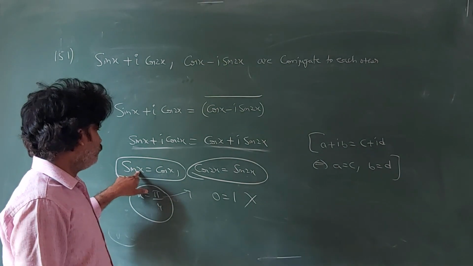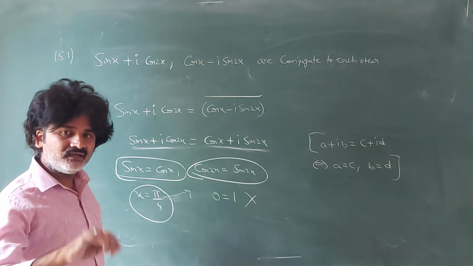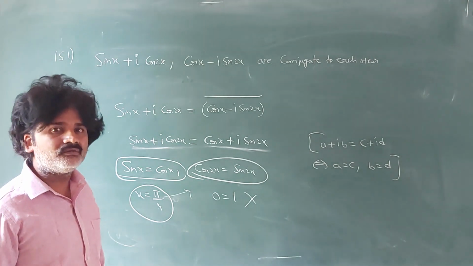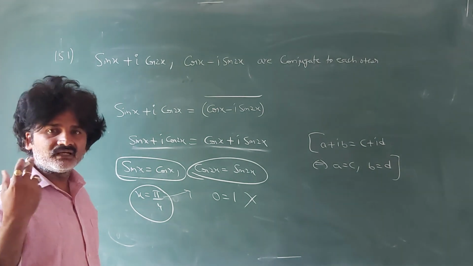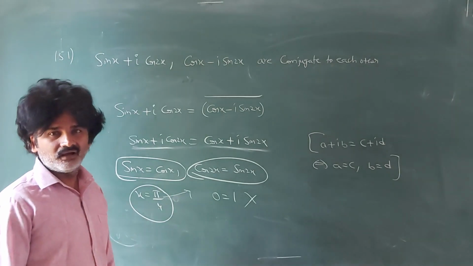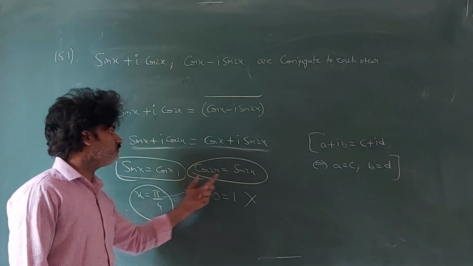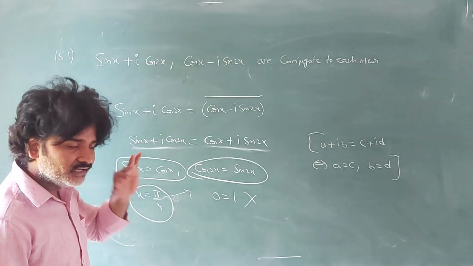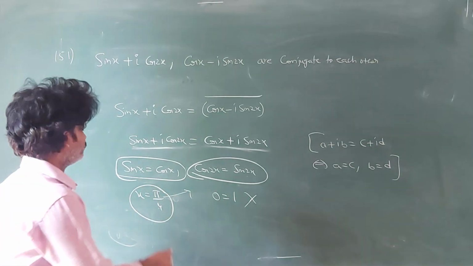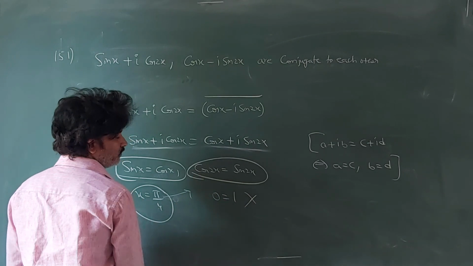So if I substitute x equal to pi by 4 here, I am getting 0 equal to 1. Is it possible? No. Or find the x value from this and substitute here, it will not satisfy. Both sin theta and cos theta must be the same, and sin 2 theta and cos 2 theta must also be the same, which means we cannot get a value of theta satisfying both. I need both this one and this one, so it is never possible.